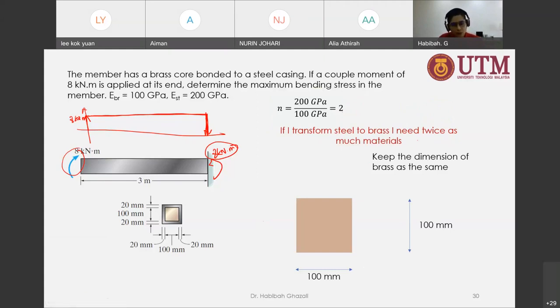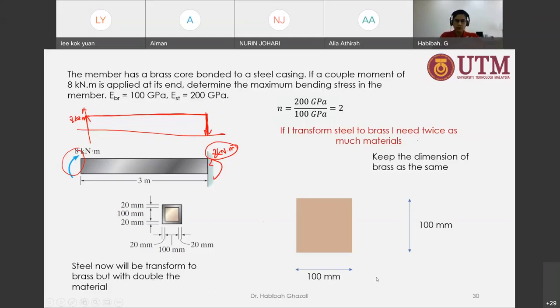So now I want to transform steel. The steel here has a dimension of 140 by 140, but it has a hole in the middle of 100 by 100 because it is a sleeve. So I now need to change that to become brass. It needs twice as much of that sleeve, so I will just make it twice as much.